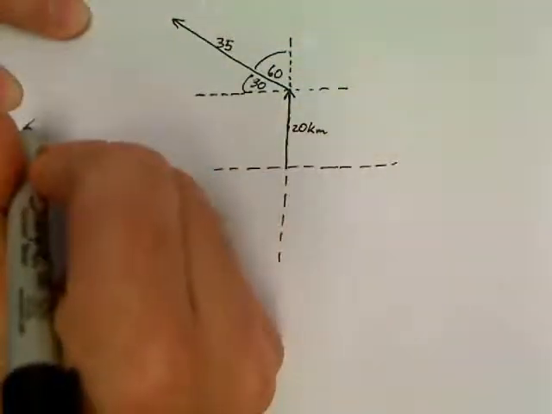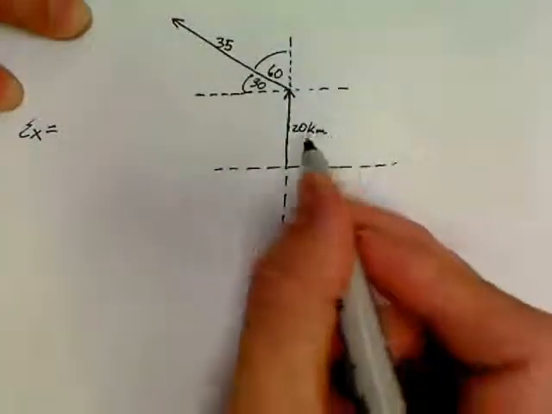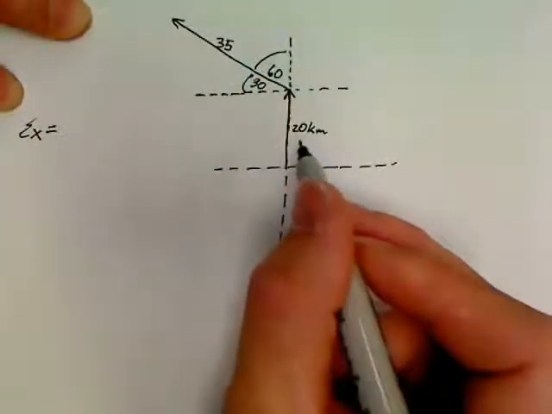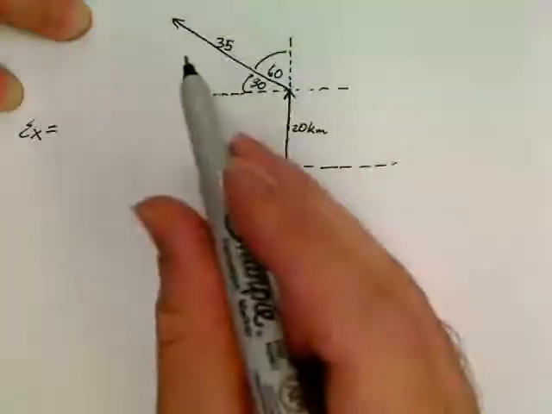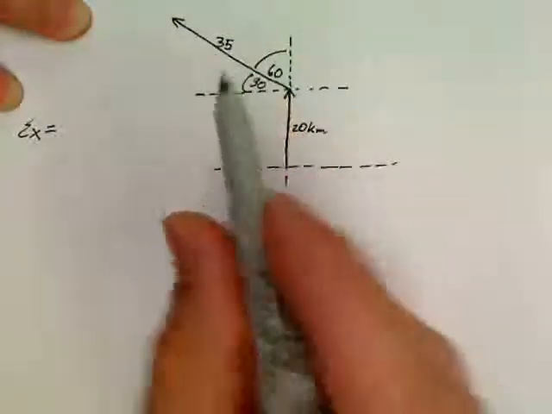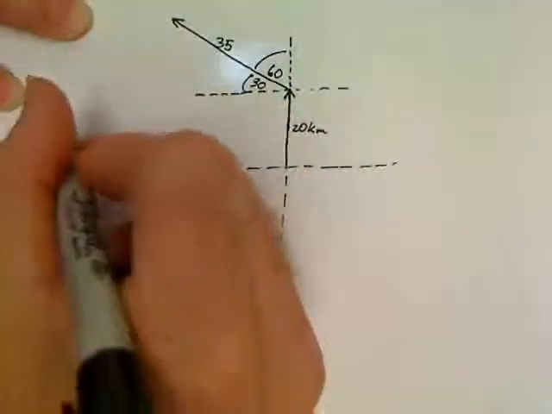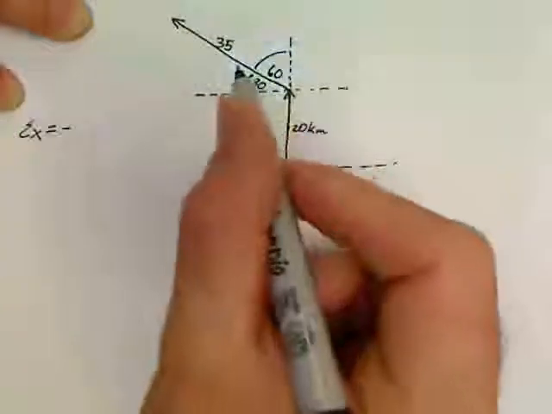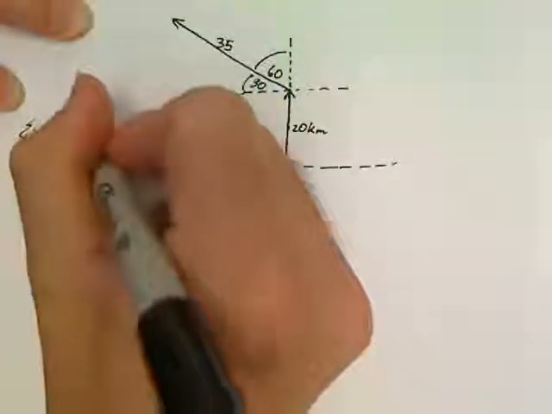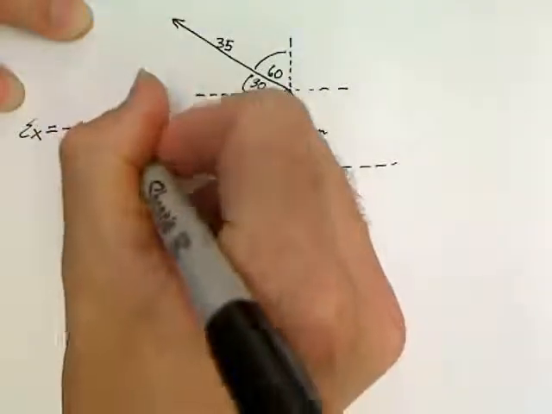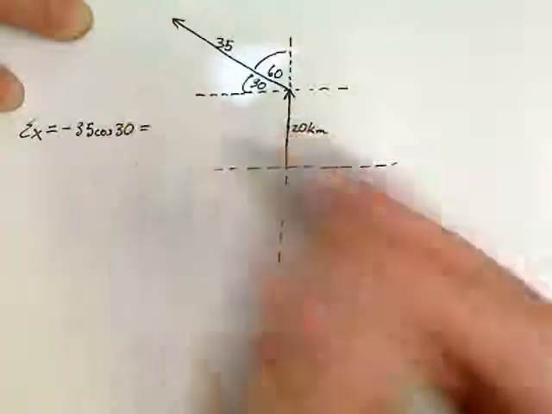So, sum of the x's would be equal to, well, the first vector has no x component, so that makes it kind of easy. So we'll go straight to the second vector. It has an x component, but it's a negative x component. So we're going to write negative, in this case, 35 cosine of 30. And at this point we're actually done with our x's and can put equals.